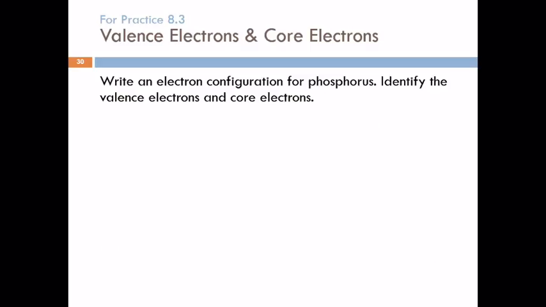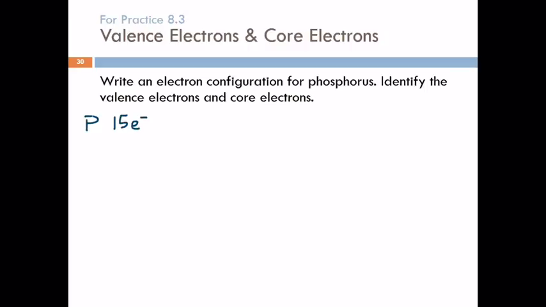So let's write an electron configuration for phosphorus and identify the valence electrons and the core electrons. First we have to ask ourselves, how many electrons does phosphorus have? 15.